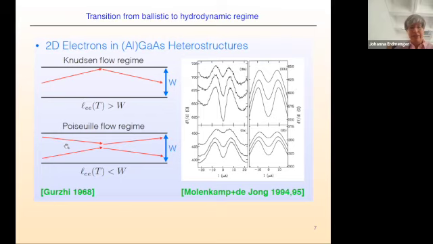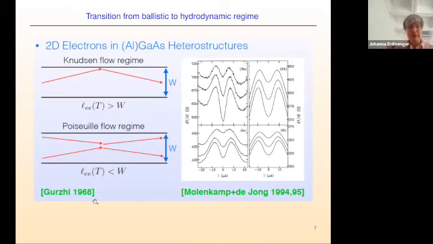Now if the strongest interaction is between the different electrons that move in this wire, and we have electron-electron collisions, then this becomes dominant, and the electrons are less likely to hit the walls or impurities. They have this collective behavior, and you can just think of all the electrons moving at once through this wire. So there's a crossover to a different regime.